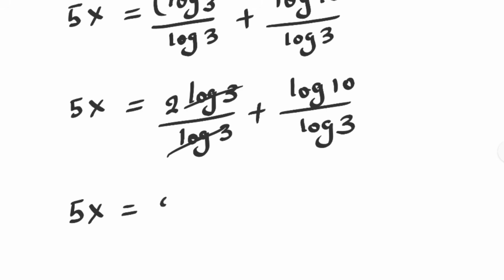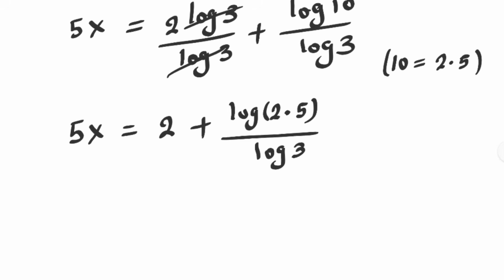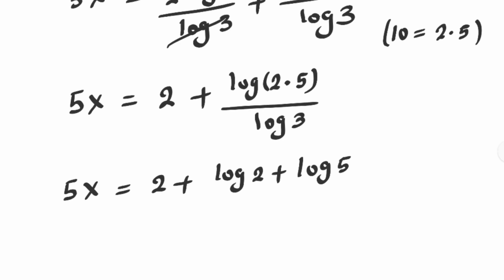5x is equal to 2 plus log 10, where 10 is equal to 2 multiplied by 5. Then log 10 can be written as log of 2 multiplied by 5, divided by log 3. 5x is equal to 2 plus log 2 plus log 5, divided by log 3.